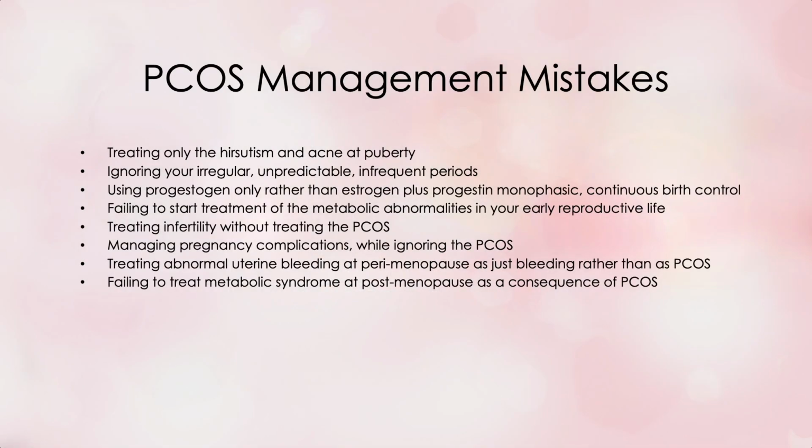They include treating only the hirsutism and acne at puberty, ignoring your irregular, unpredictable, infrequent periods, using progestogen only rather than estrogen plus progestin monophasic continuous birth control, failing to start treatment of the metabolic abnormalities in your early reproductive life, treating infertility without treating the PCOS, managing pregnancy complications while ignoring the PCOS, treating abnormal uterine bleeding at perimenopause as just bleeding rather than as PCOS, and failing to treat metabolic syndrome at postmenopause as a consequence of PCOS.